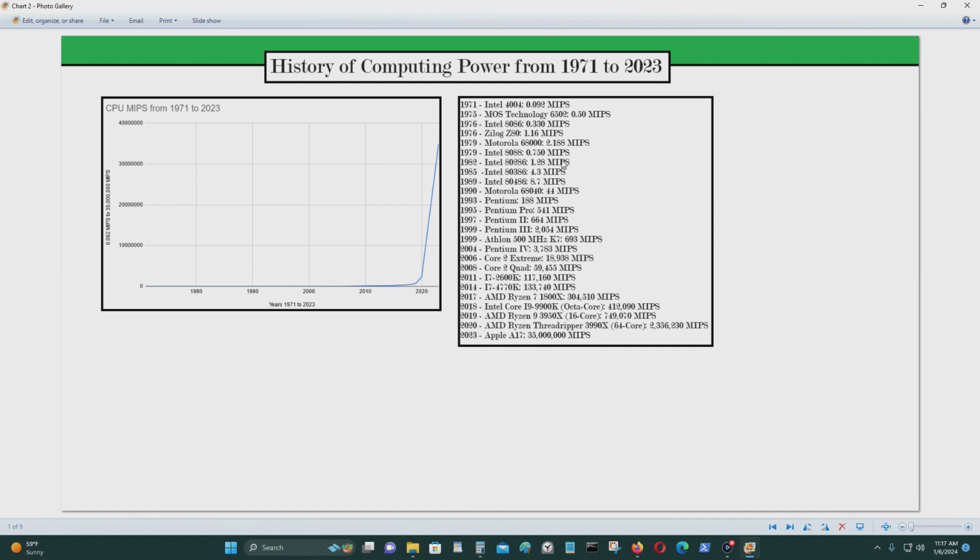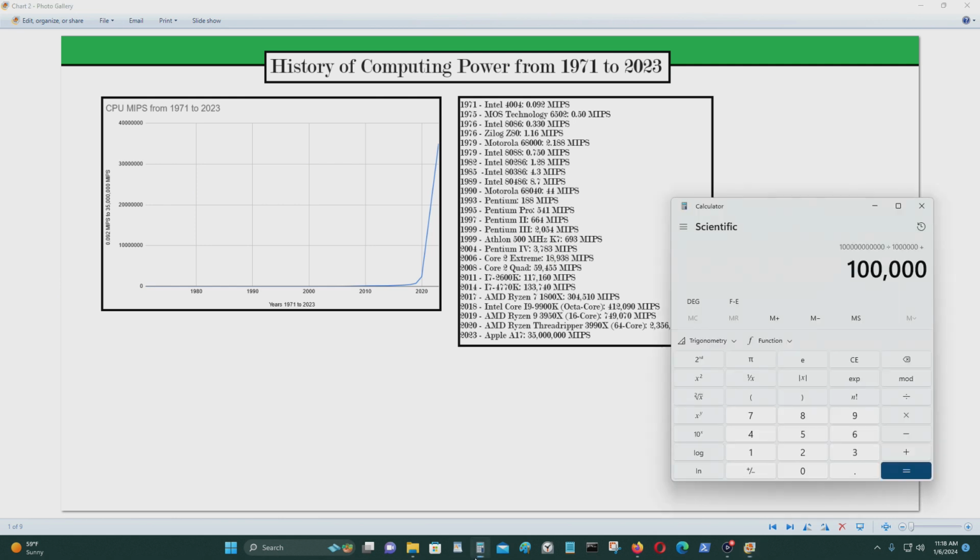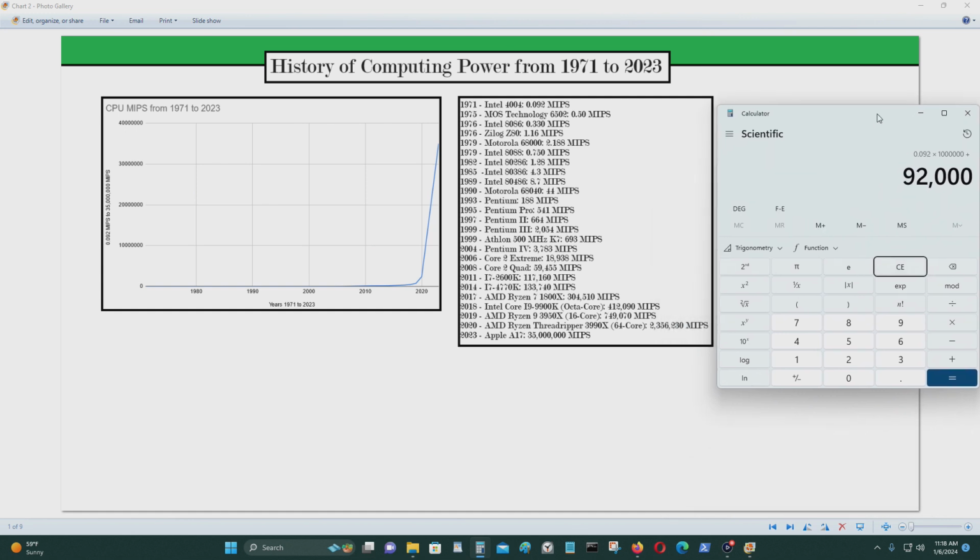So back in 1971, we had the Intel 4004, which was capable of 0.092 MIPS. Let me see how much that actually is. About 92,000 instructions per second in 1971.